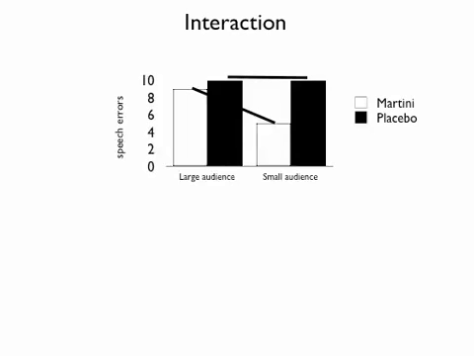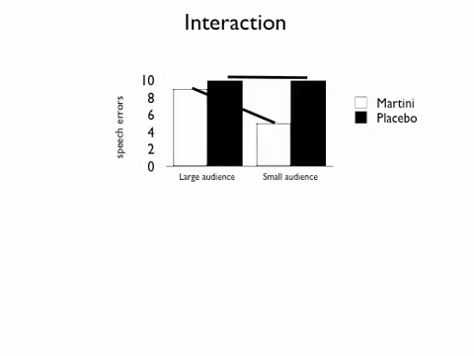Up here, it's more like 9.5 errors for the large audience when you average across drink type. So the main effect of audience size, when you ignore what they were drinking, is that people addressing a large audience make more errors on average than people addressing a small audience.